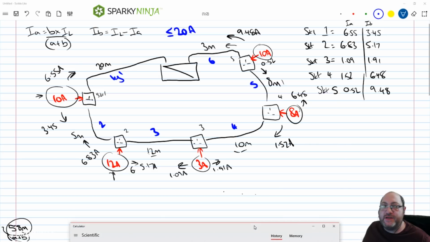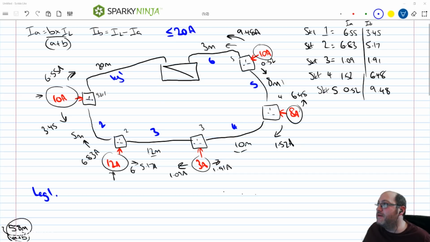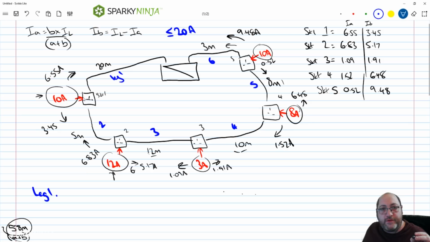Right, so the first thing I want to do is, let me get this calculator out of the way, I want to quantify the legs. I will start here with leg 1. Now leg 1 is this cable here. Let me just check on OBS to make sure you're seeing that. Yes, you are, excellent. So this cable here is only going to be carrying the current that this is pulling that way, the IA. This is pulling that way, the IA.